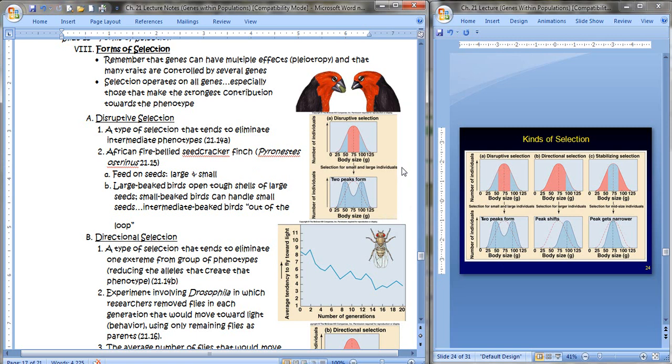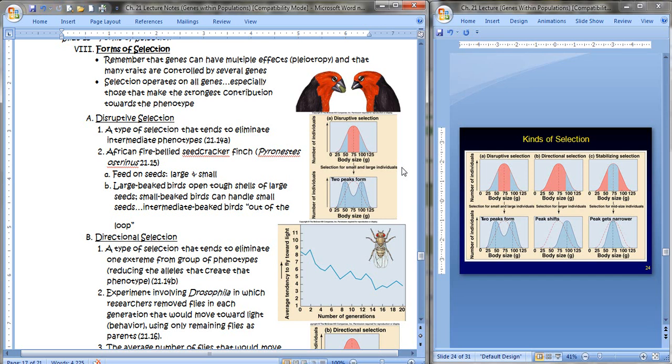as evidenced by the example of the African fire-bellied seed-cracker finch. And that's a picture of the bird there. Now these birds feed on seeds, large seeds or small seeds. The large-beaked birds open up tough shells of large seeds, and the small-beaked birds can handle small seeds.